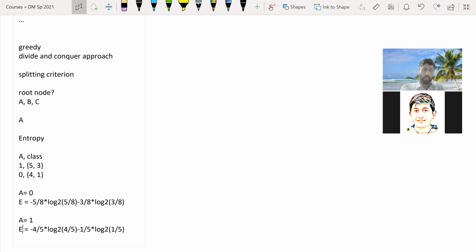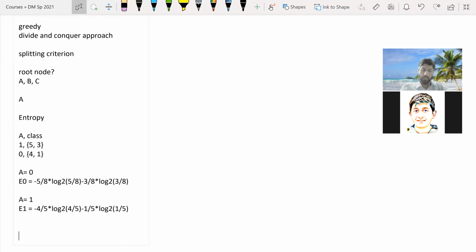Let me call this E1 and this E0. So the entropy after the split: in the first partition the size was 8, and the total data set size was 8 plus 5, 13.